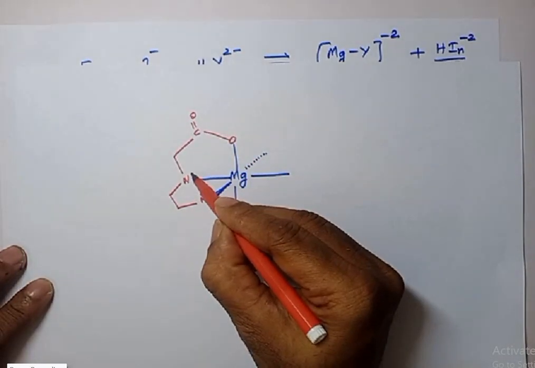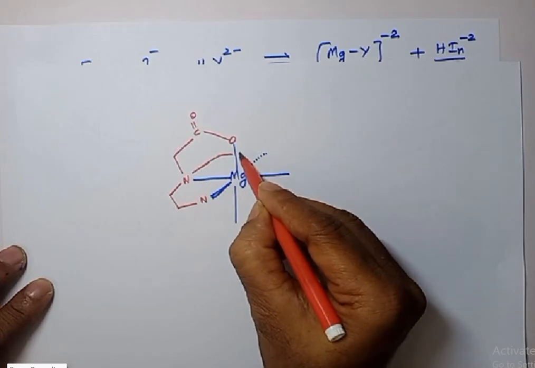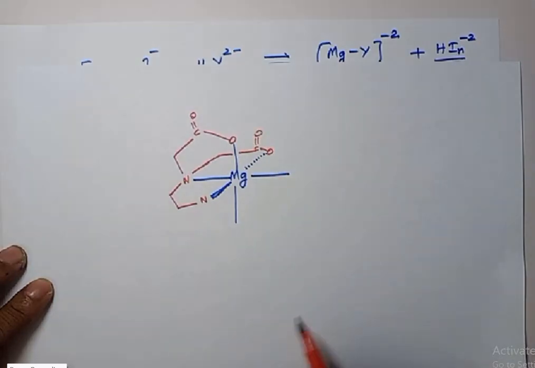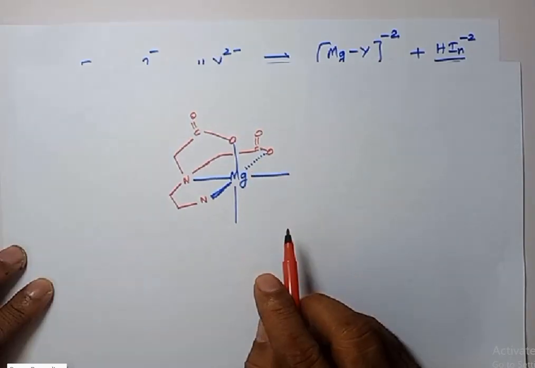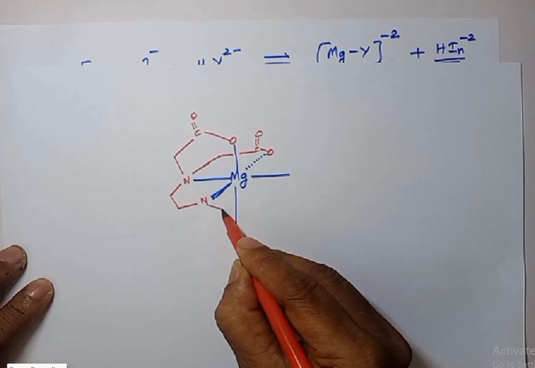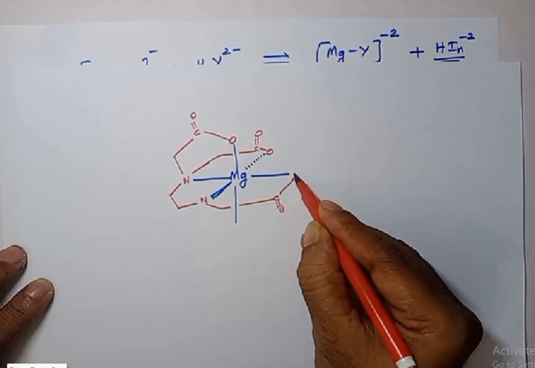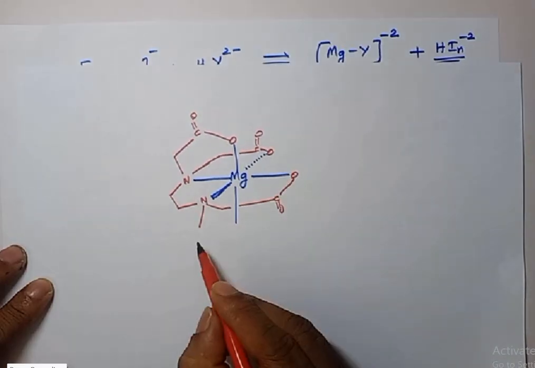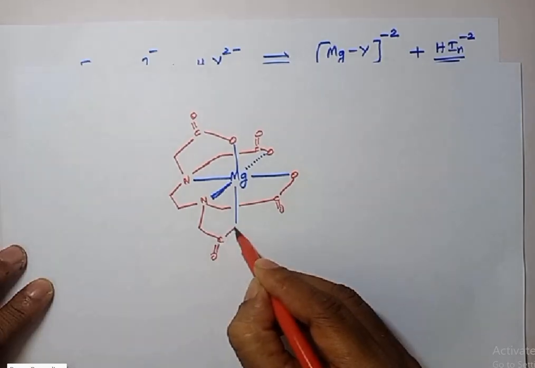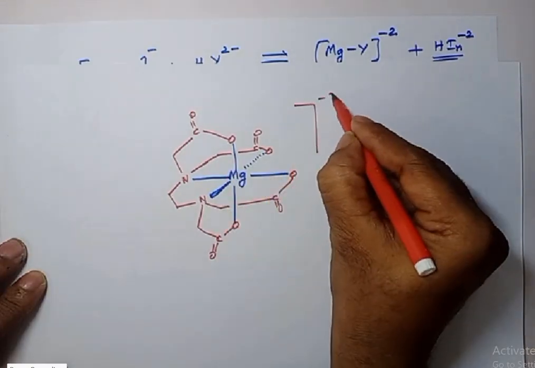Then another CH2, let me draw here, CH2, then C double bond O, which forms another coordinate bond with the magnesium. Then a CH2 here, combined with the CO, and another CH2, C double bond O. Yes, and the charge of this is -2.